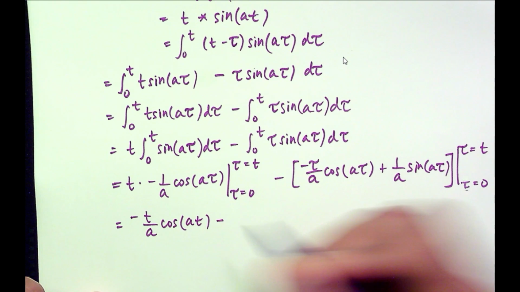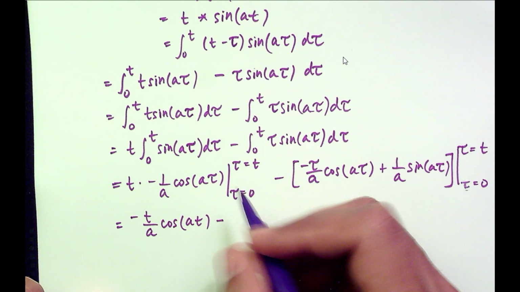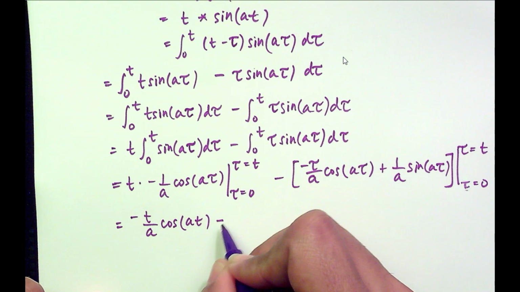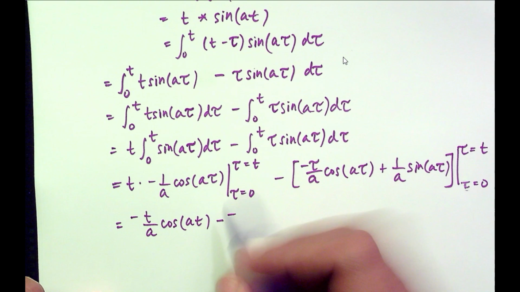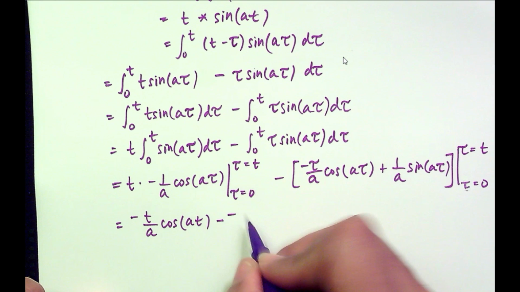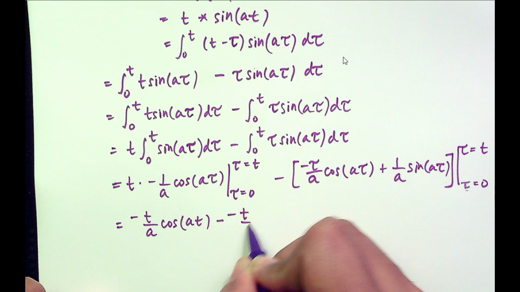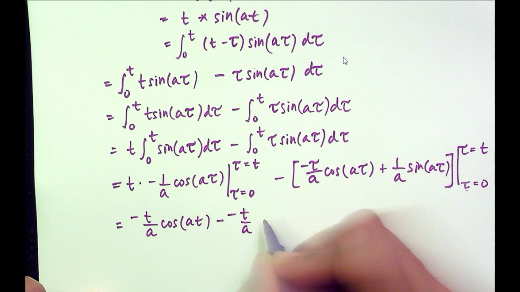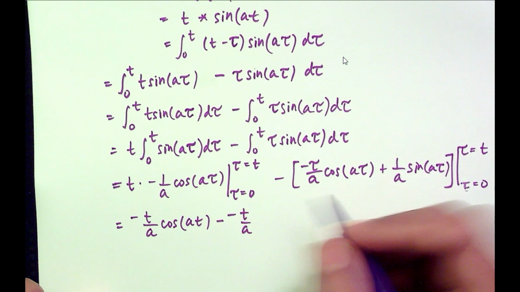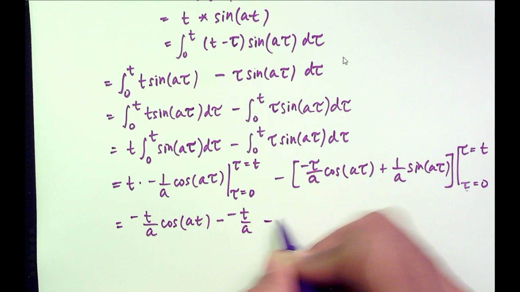Then there's this minus, so this is actually going to be a plus when I simplify. Plug in tau equals 0 here, you get this minus, then t over a cosine of 0, which is 1, so I don't write that. That's done.